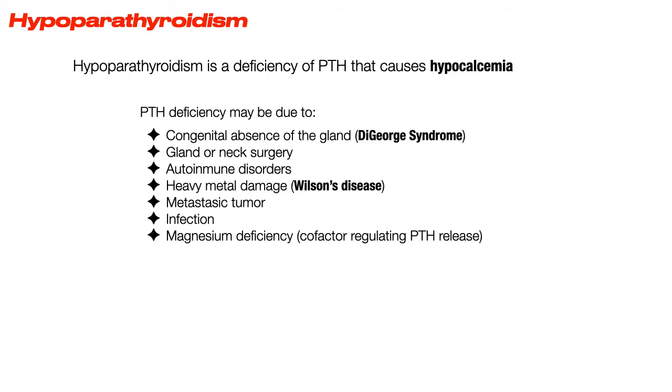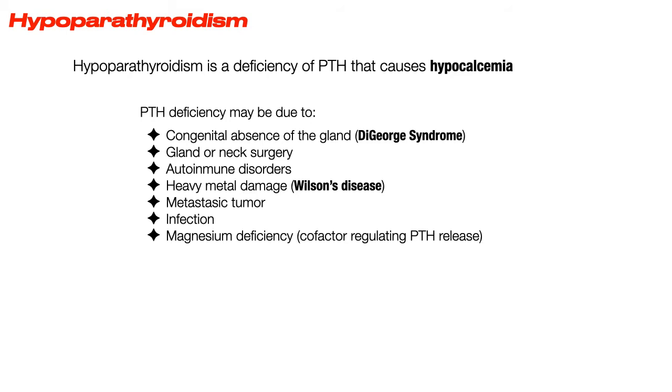When it's removed, the parathyroid glands are also removed or damaged during neck surgery. Also, autoimmune disorders that attack the parathyroid glands and destroy them, and also heavy metal damage like lead or mercury. This is called Wilson's disease. If a metastatic tumor reaches this gland, then it may destroy it.